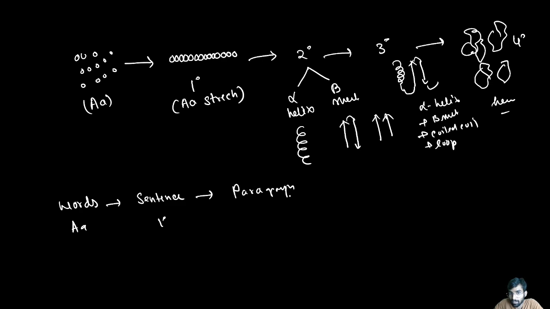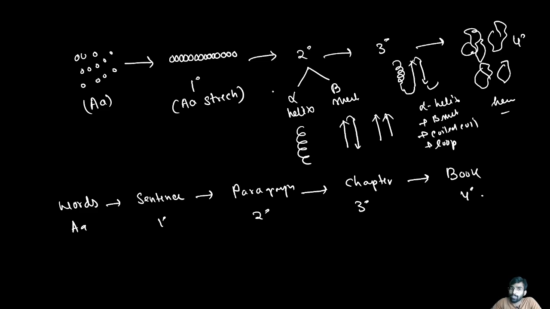And multiple paragraphs, that's a chapter. And from chapter to book, that is fourth degree. So words to sentence to paragraph to chapter to book. Okay, got it? A similar thing happens with amino acids.